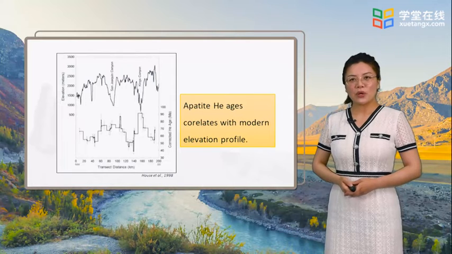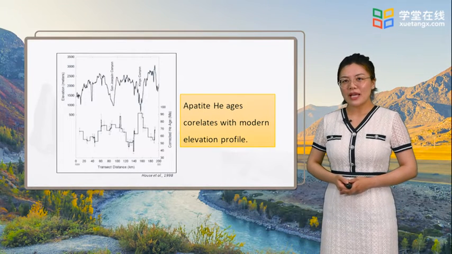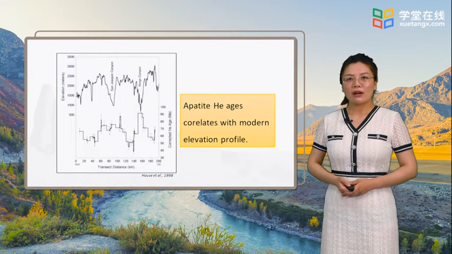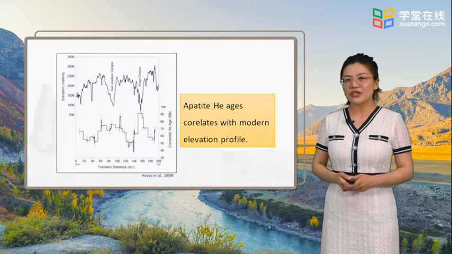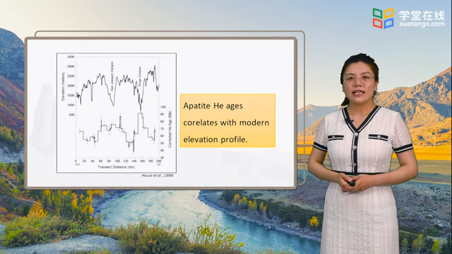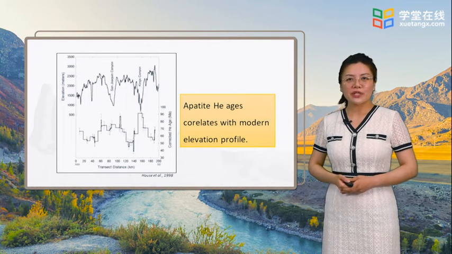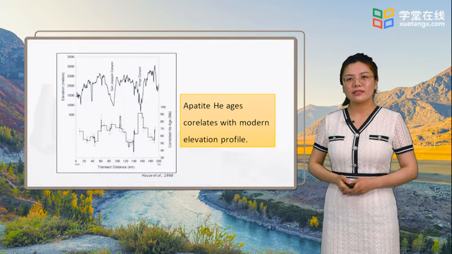Here is an example of apatite helium ages on a 2,000-meter elevation transect in the Sierra Nevada compared with the modern elevation profile.